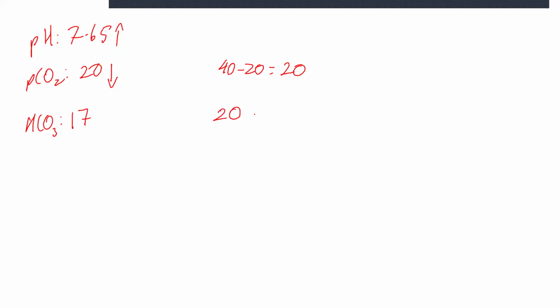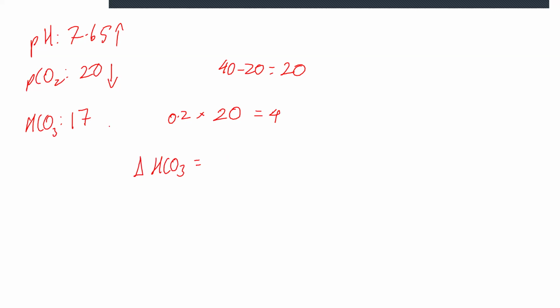So 20 times 0.2 to find our compensation. In this case, that's going to give us a result of 4. HCO3, so that's our delta bicarb.